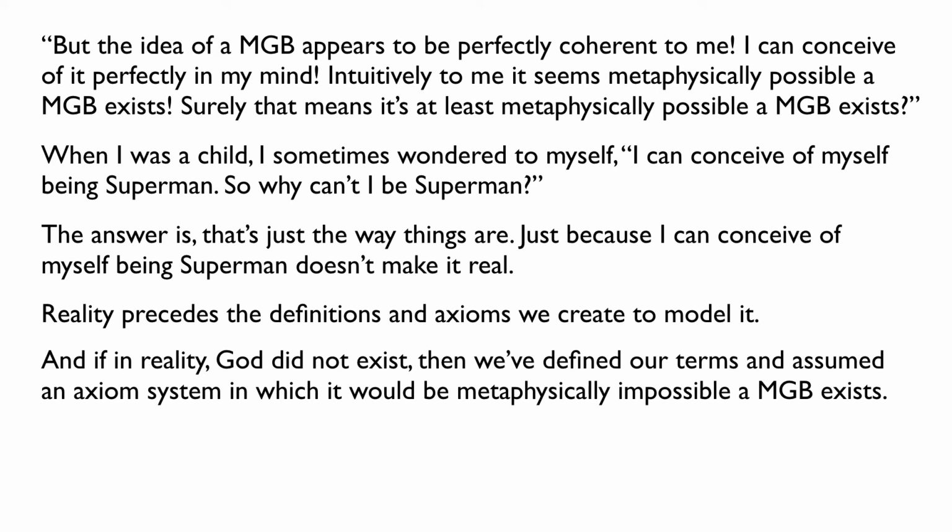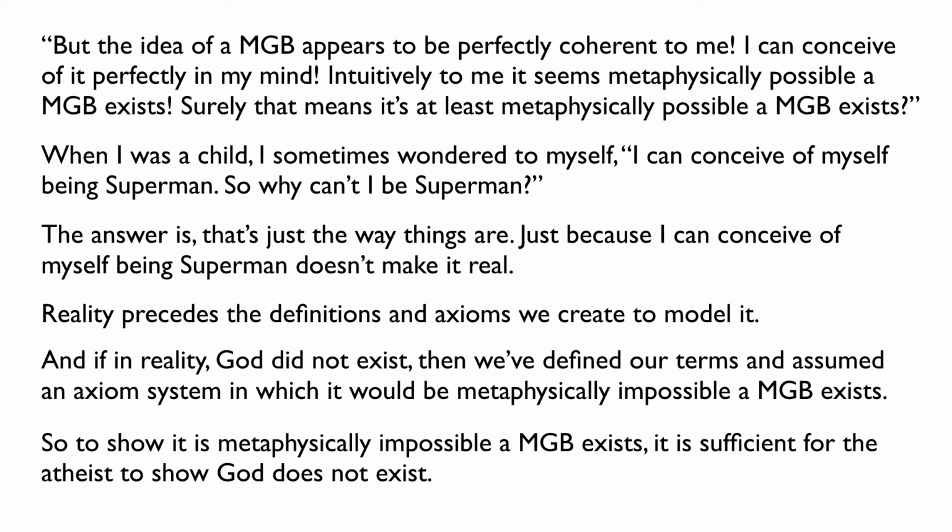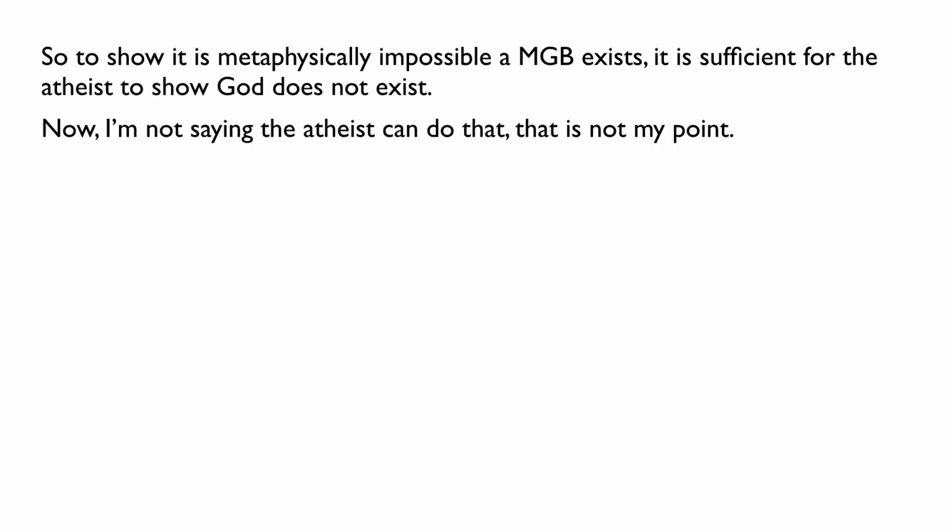So, what does the atheist need to do to show it is metaphysically impossible a maximally great being exists? To show this, it is sufficient for the atheist to show God does not exist. Now, let me hasten to add, I'm not saying the atheist can do that. That is not my point.